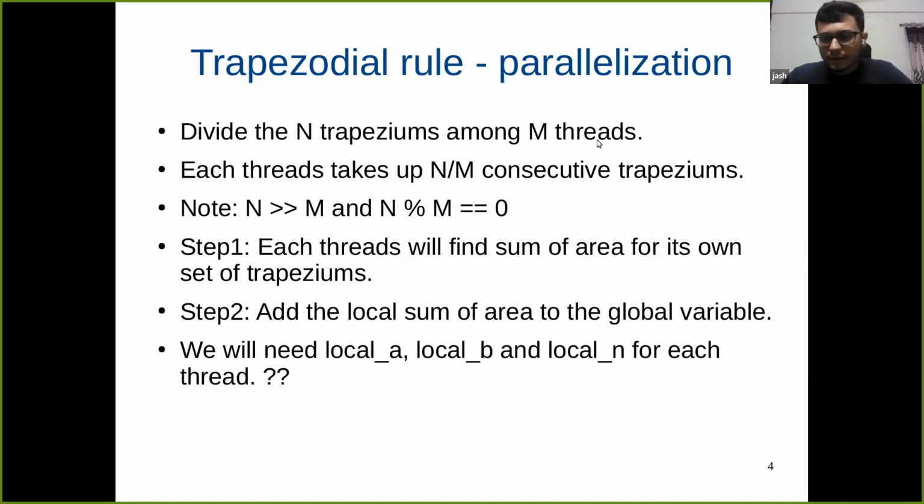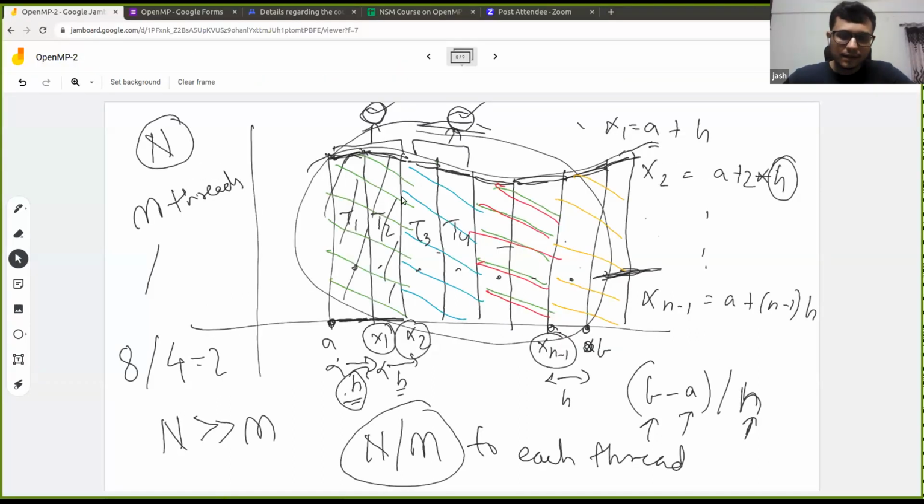So let me quickly switch back. As we saw here, each thread is taking consecutive trapeziums. Thread 0 is taking these two, thread 1 is taking these two, and so on. So they are taking a consecutive set of trapeziums.